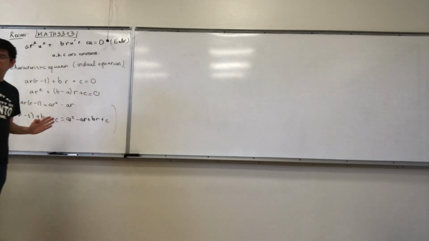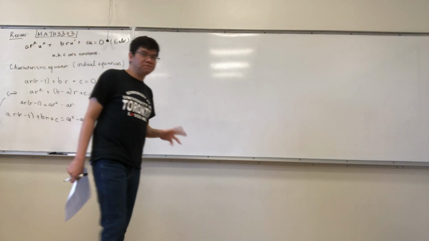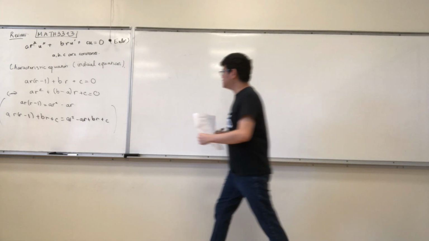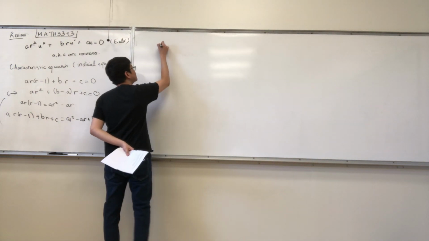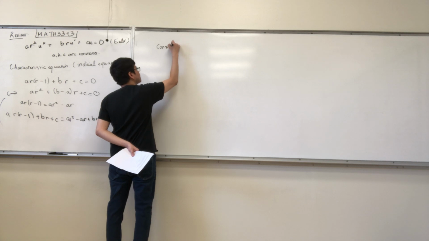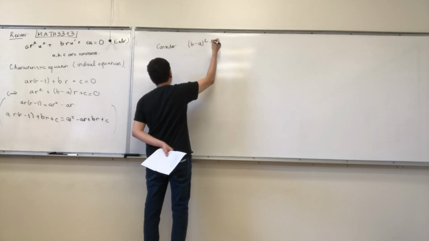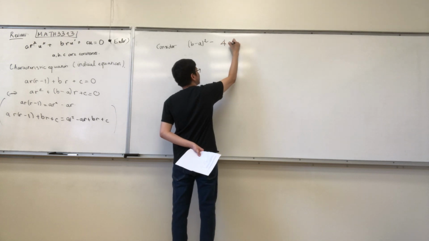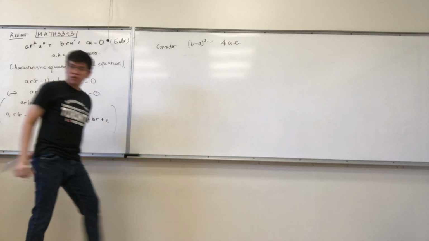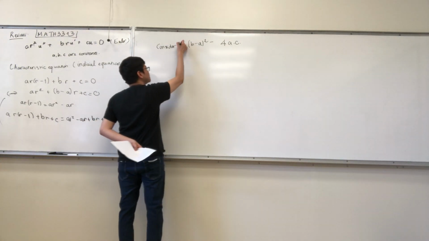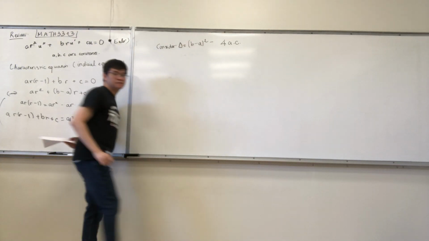This is a second order algebraic equation. To solve this one, you consider this quantity, (B minus A) squared minus 4 times A C. This is the delta.